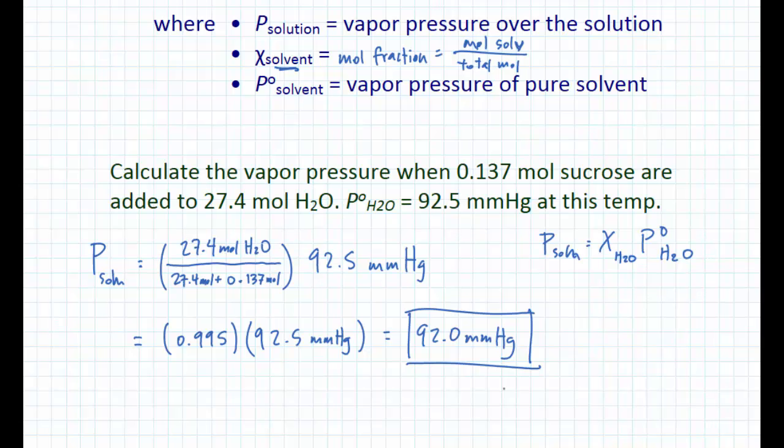Where do you suppose the big part is that's easy to screw up, though, in this one? Yep, absolutely. Here, let's write it out. Solvent. That is huge.